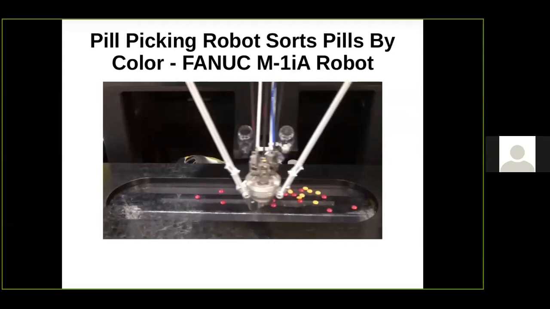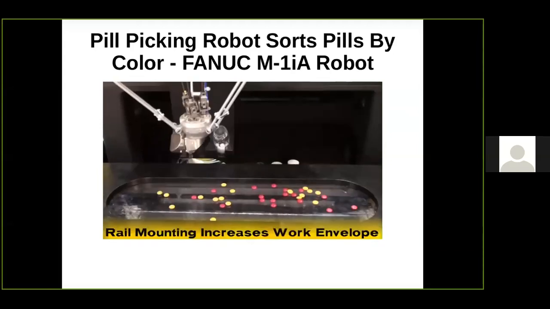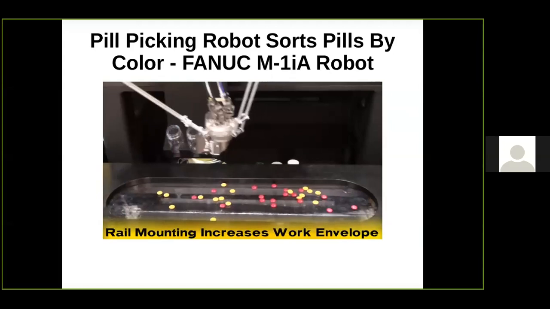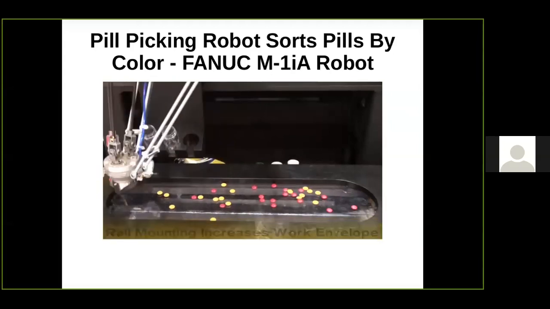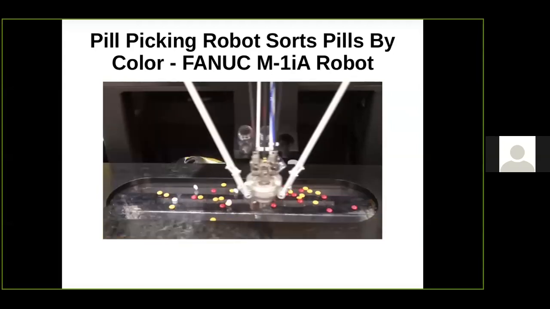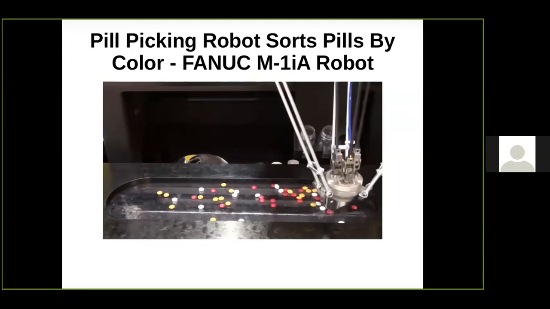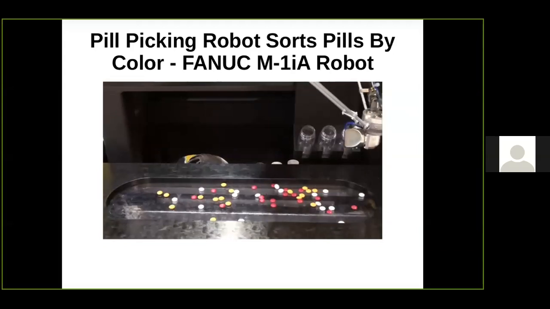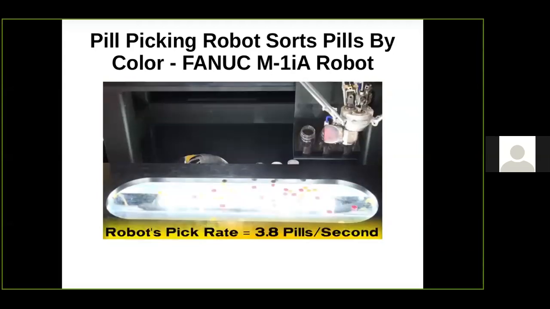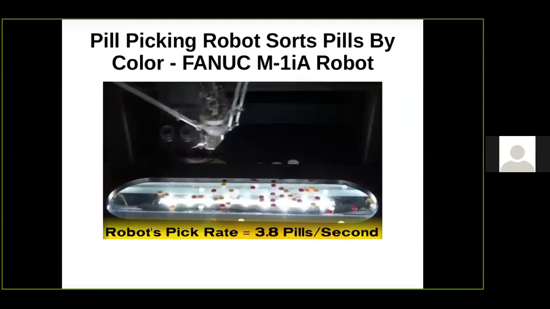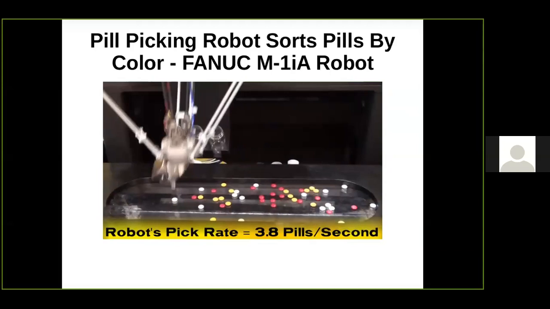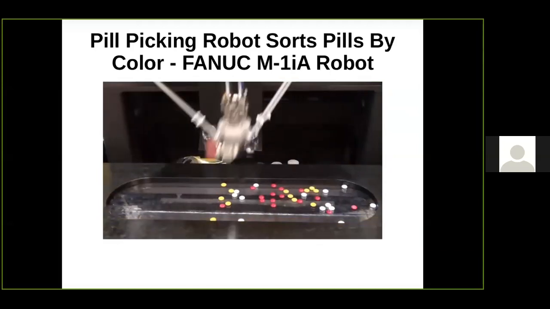Yellow pills are being put on the plate. Now it takes a photograph and locates the pill, and you can see it moving very fast.